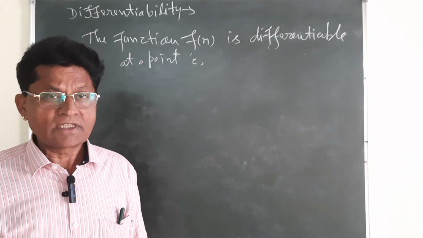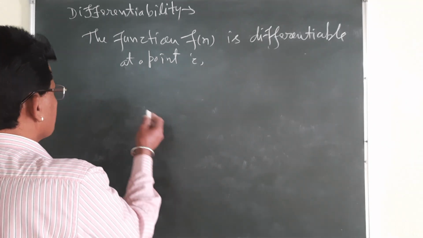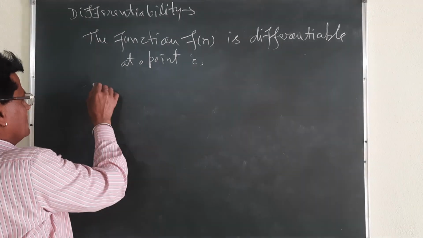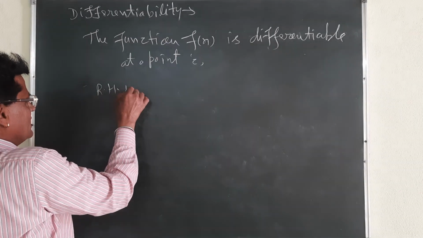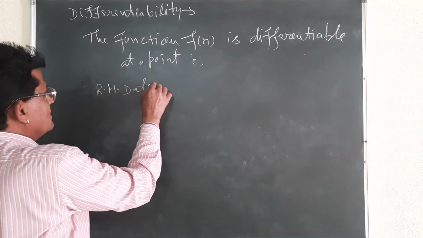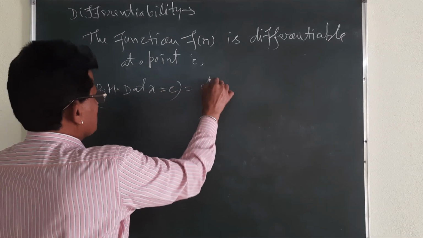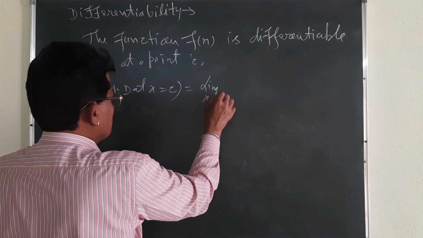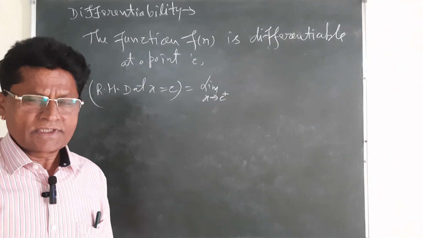Otherwise, the function will not be differentiable. Let me take its formula. I am going to write the right hand derivative at x equal to c. What will that be? Limit, x tends to c plus, C plus.